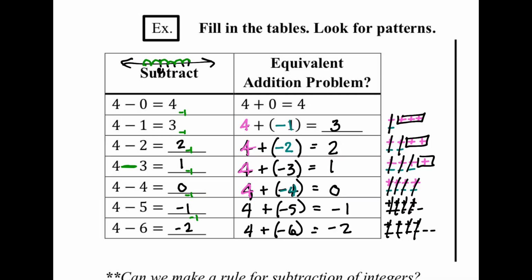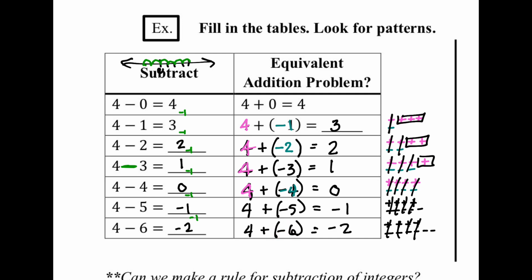Once I got to this second column, I could use our add rules. Signs are different, so you subtract and take the sign of the biggest. Signs are different, so you subtract and you take the sign of the biggest. Once I get down to the bottom one, signs are still different, so I subtract and I take the sign of the biggest.